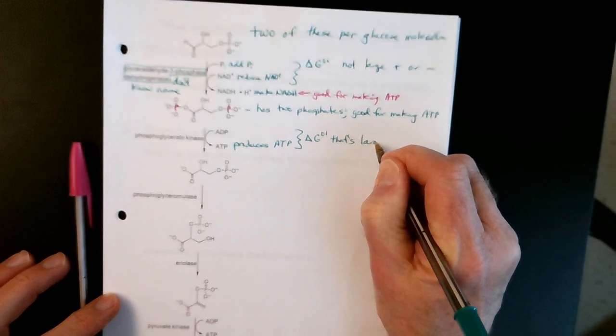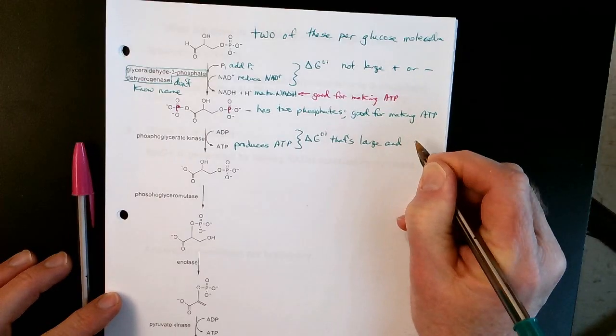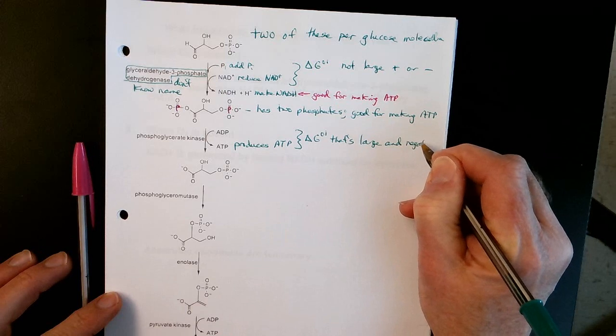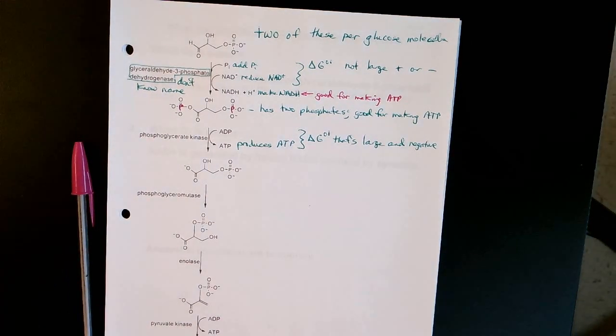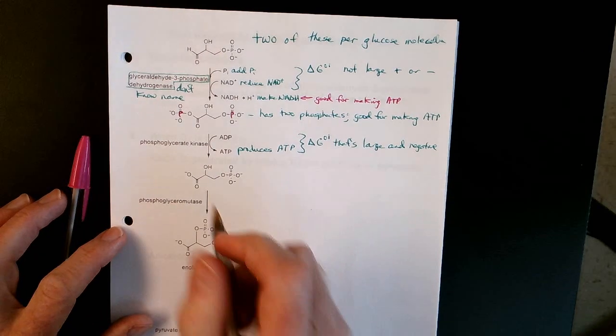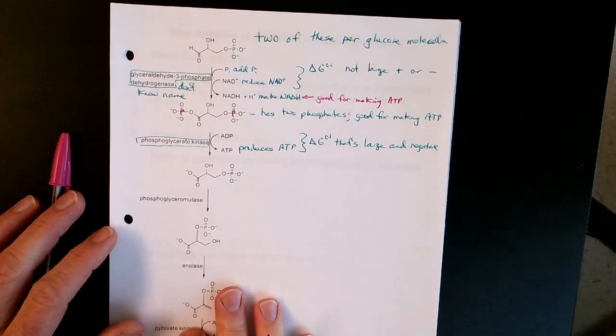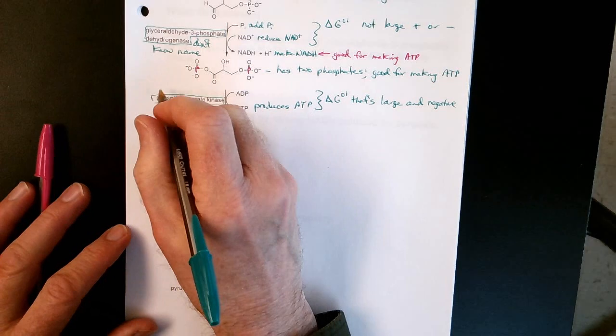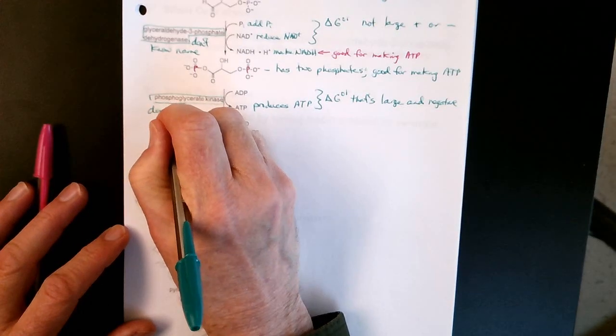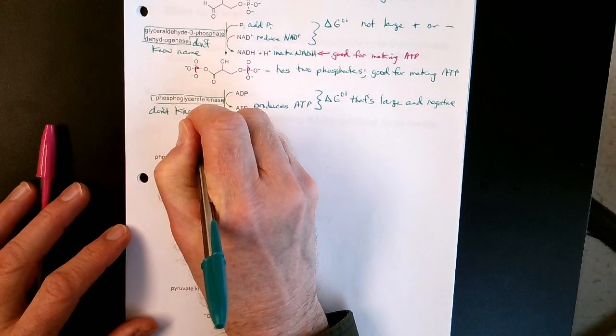So it's both large and negative. I don't think that enzyme name is all that important either for this kind of class, so you don't need to know that one.